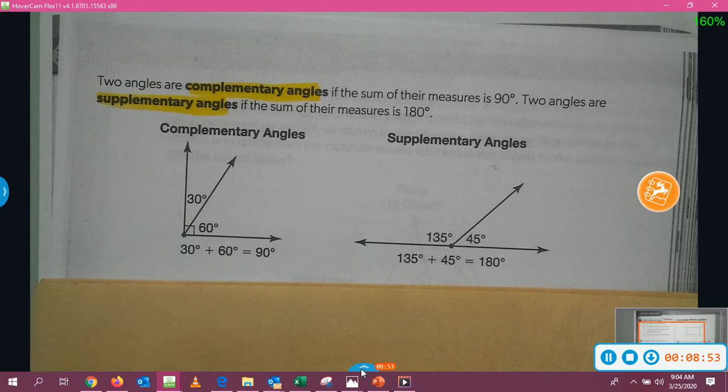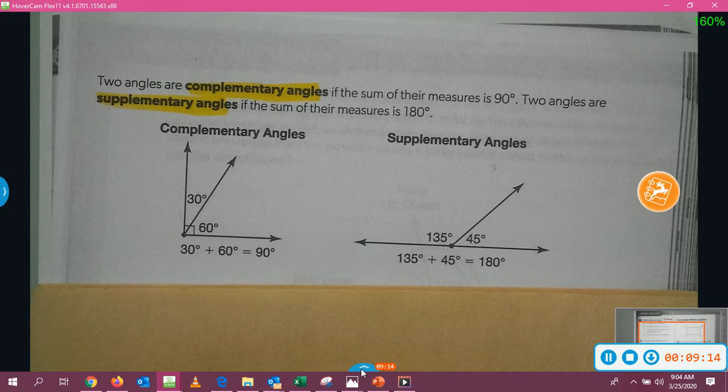Now, on the other hand, supplementary angles are two angles that, when put together, add up to 180, which is greater than 90. We all know that a straight line is 180, right?